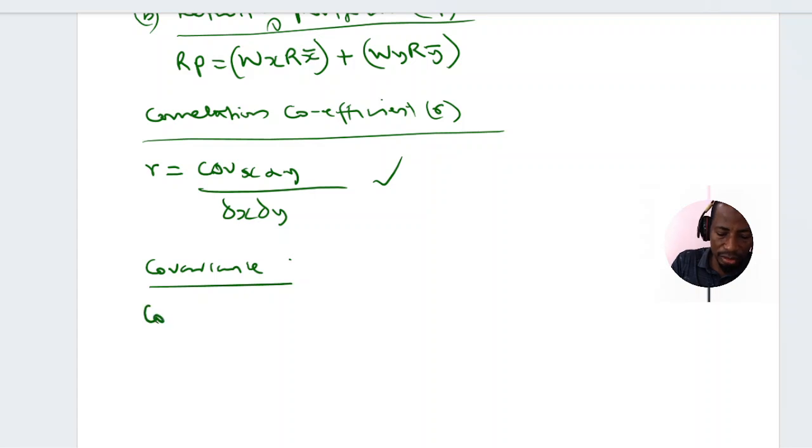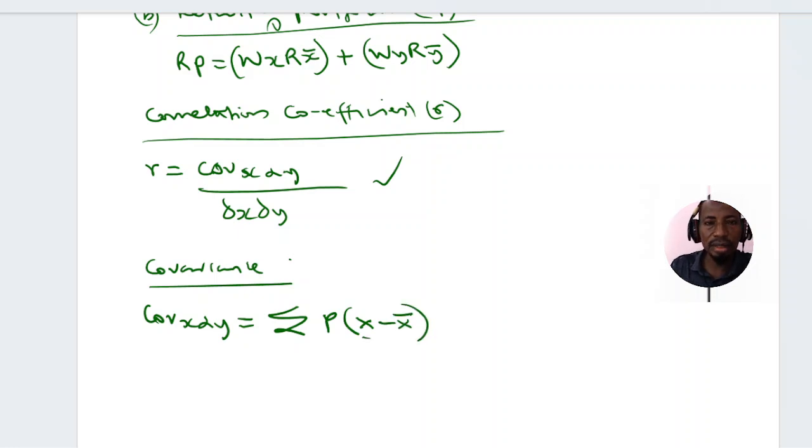Therefore, covariance between security X and Y will be computed as the summation of probability multiplied by (X minus X bar), which is the difference between the expected return and the actual return on security X, multiplied by (Y minus Y bar), which is the difference between the expected return and the actual return on security Y. Okay, so the summation of the three of them will give the covariance between security X and Y.